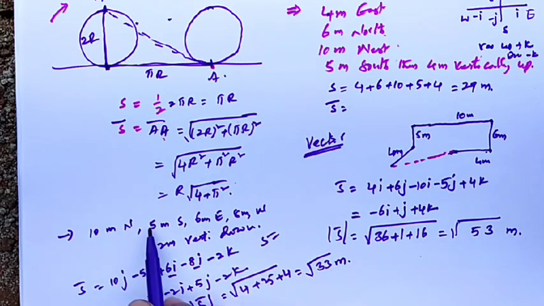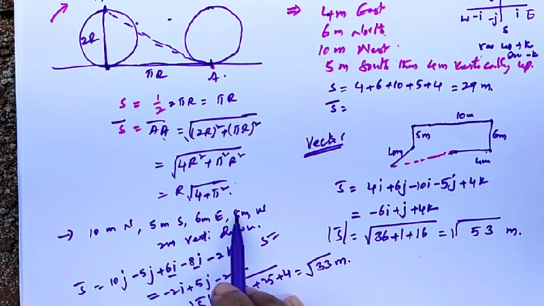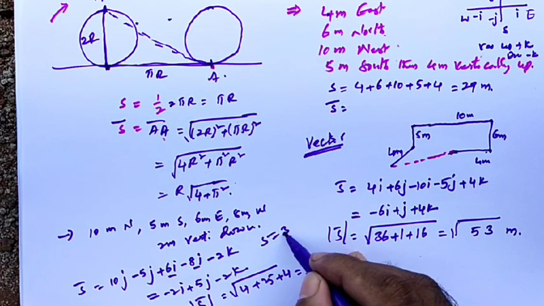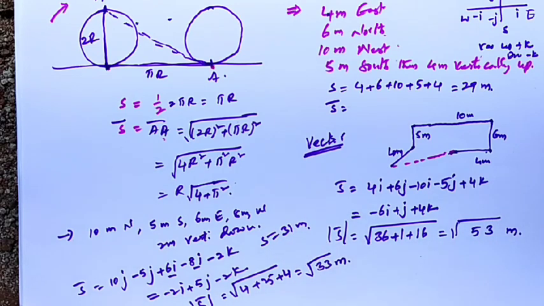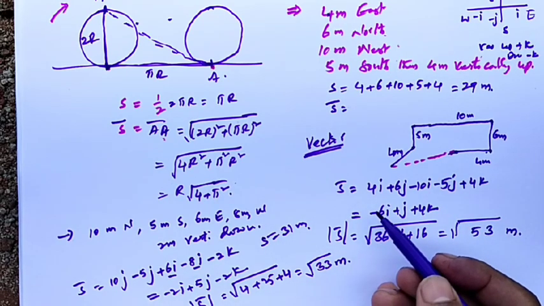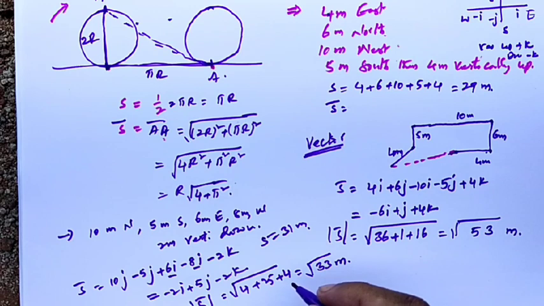Simply add 10 plus 5, 15, 15 plus 6, 21, 21 plus 8, 29 plus 2, 31 meters. So this is the distance and this is displacement. One can use vectors so that your problem will be simplified. Clear? So in this way you can solve any kind of problems in distance and displacement.